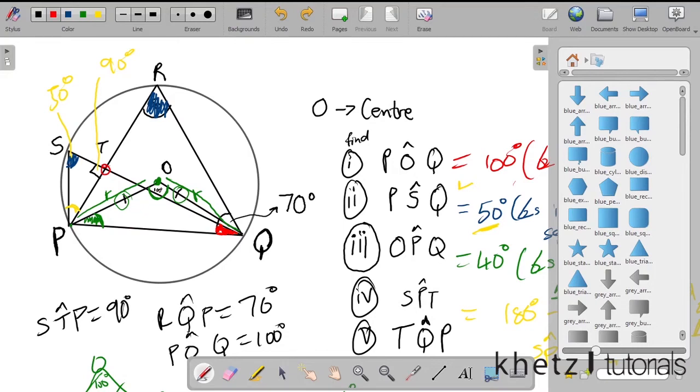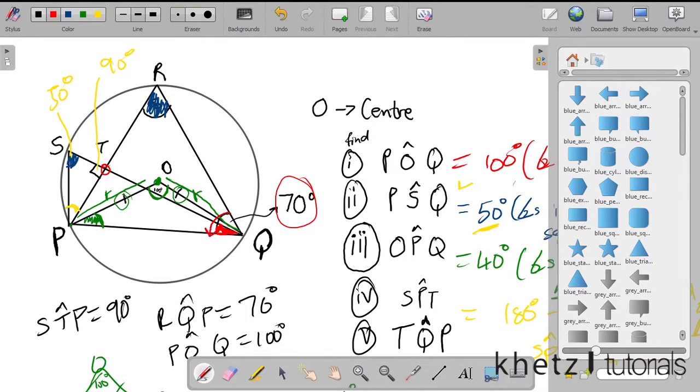So if you look at this angle here, it's given to us as 70, and it is all the way from that point to this point, 70 degrees, right?